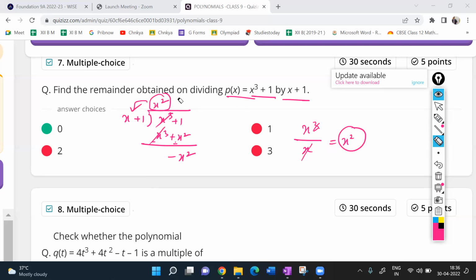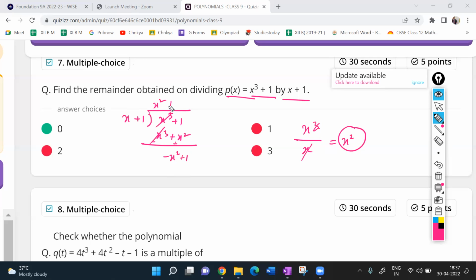Now what do I have to do? One second. Here x square, and I forgot the 1. So 1 minus x square. Look at what I have to do again. With what number do I have to multiply? With 1. Can I do with 1? Yes, sir. Minus x square plus 1.